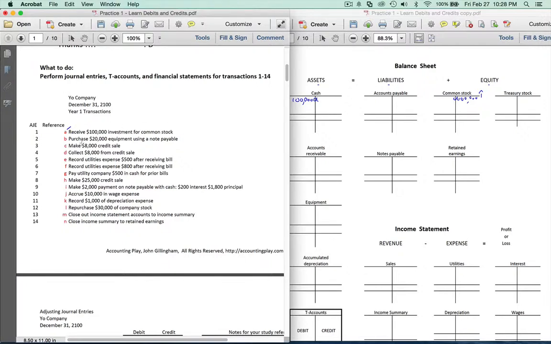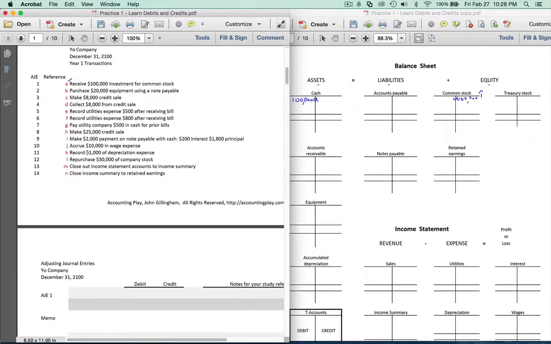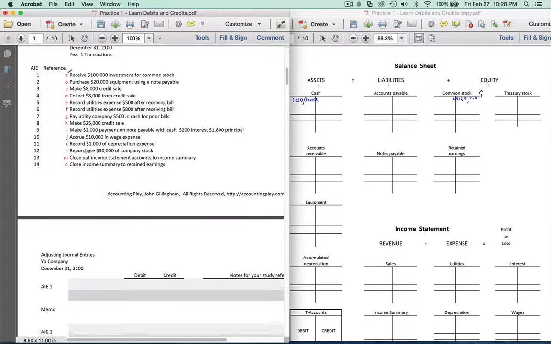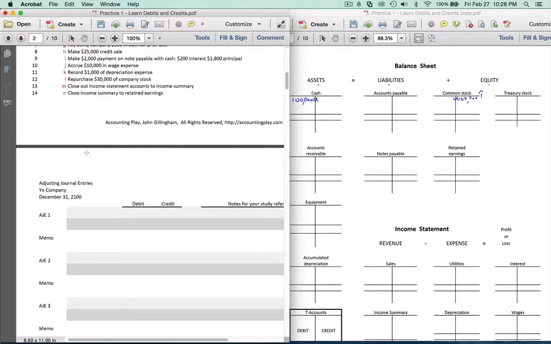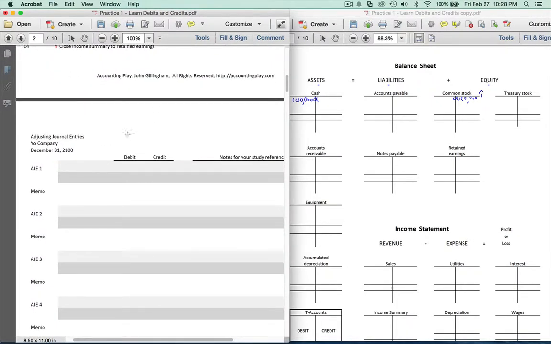Now, B. This is adjusting journal entry 1. You can run through all of these, or you can do the journal entry as well. So let's look at what a journal entry would look like for receiving $100,000. Here we have Yo Company, which is going to be whatever you want.